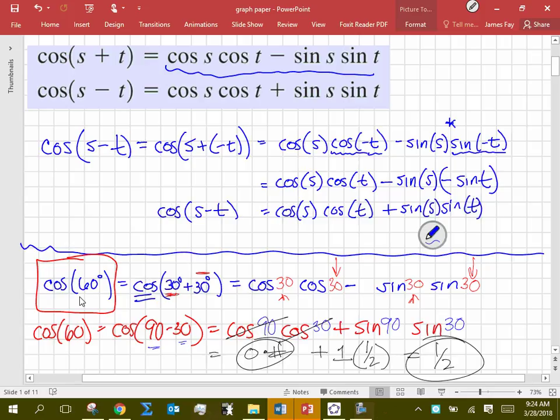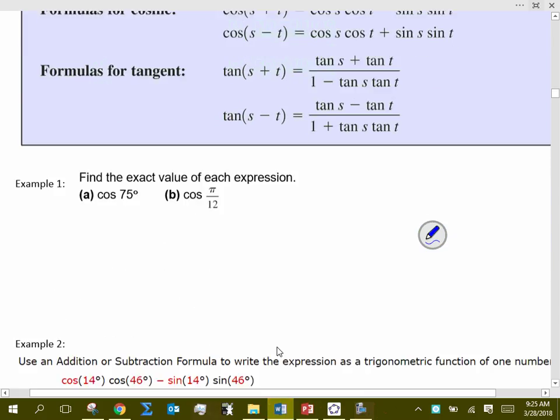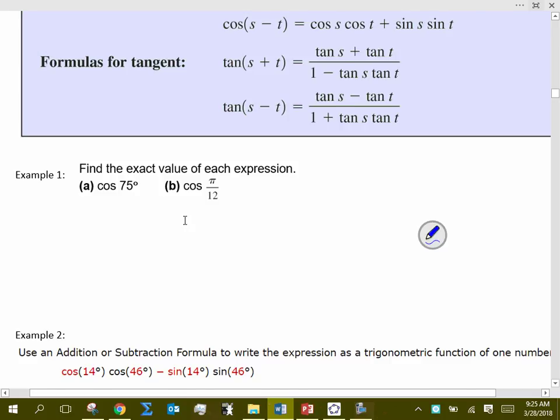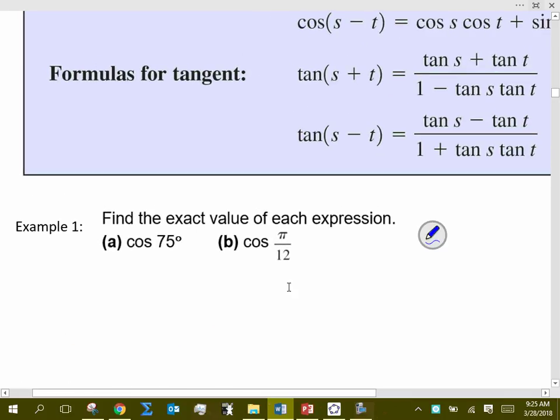So let's see that type of question. And it's going to maybe start off looking a little bit different. I'm going to ask you, can you find the cosine of pi over 12?